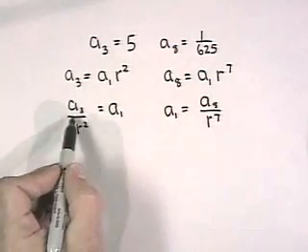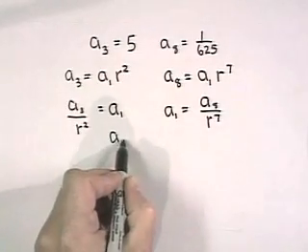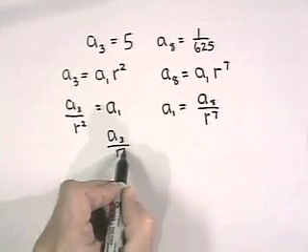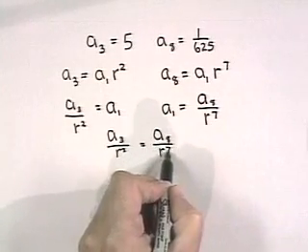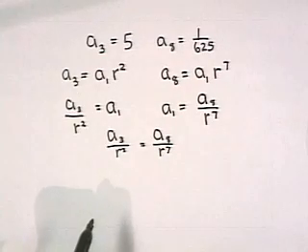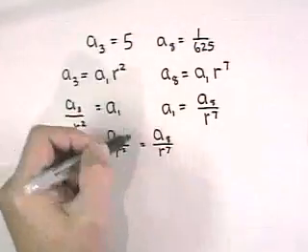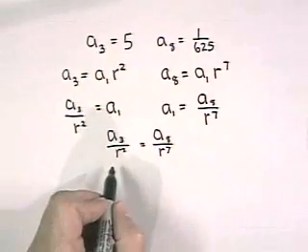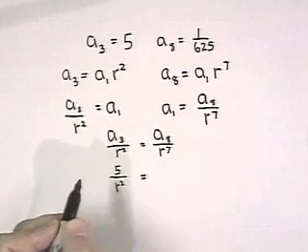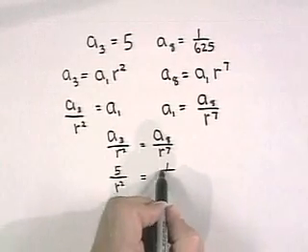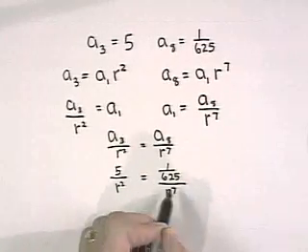We can now equate the two fractions since they're both equal to a1. a sub 3 over r squared equals a sub 8 over r to the 7th. Let's substitute in the values that we know for a3 and a8. We'll have 5 over r squared equals 1 over 625 over r to the 7th.